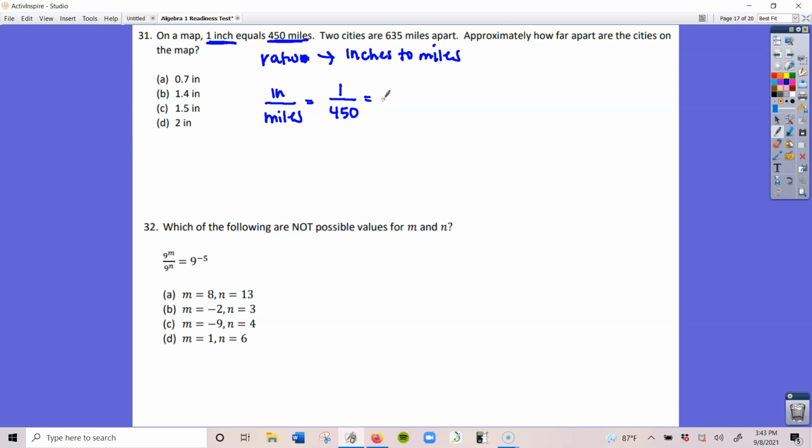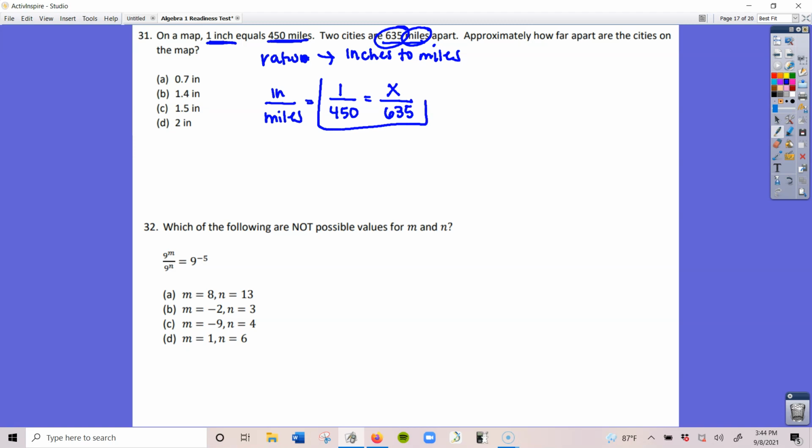Then here it says two cities are 635 miles apart. So this 635 has to go down here because that's where the miles go. Approximately how far apart are the cities on the map? That means that we're looking for the inches. I don't know what that is, so I'm going to call that x.